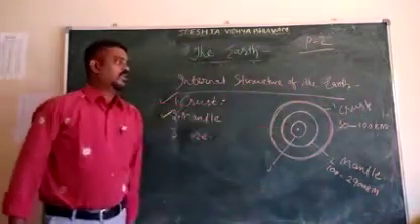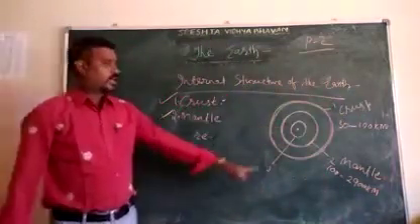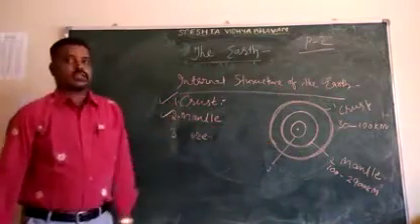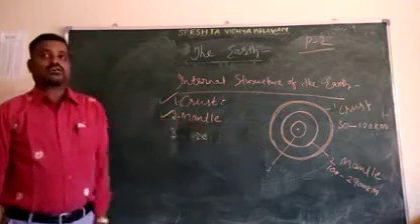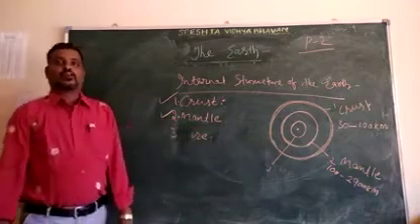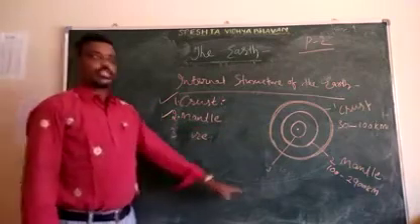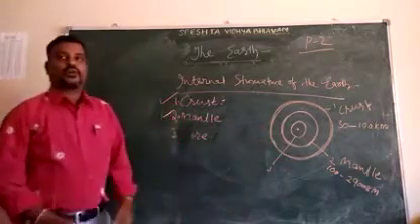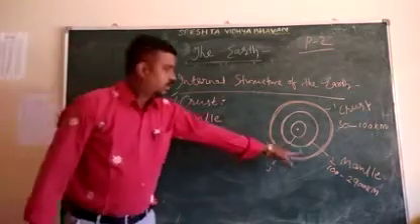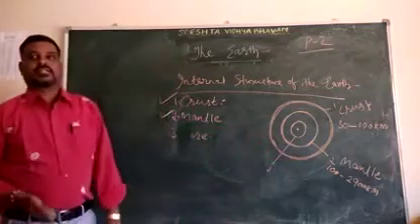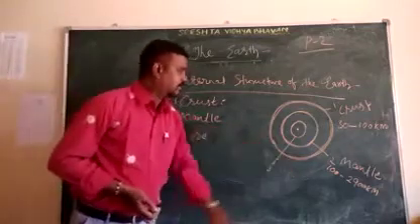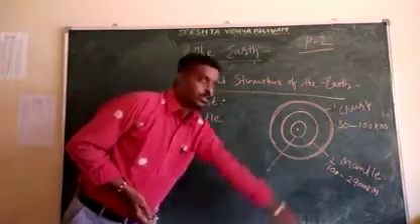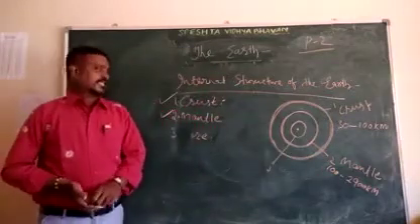The first one is 30 to 100 kilometers, and the second one, mantle, is 100 to 2,900 kilometers. Here we can find the most important minerals, such as chemicals that are silicates.